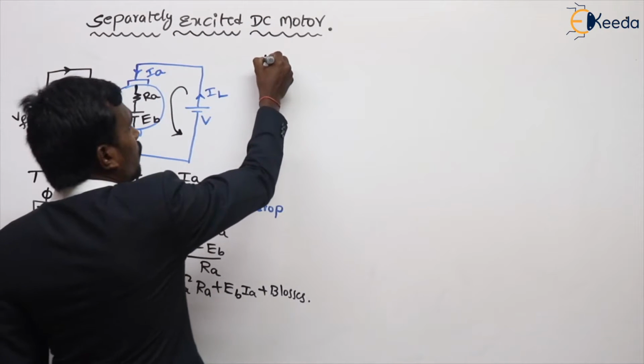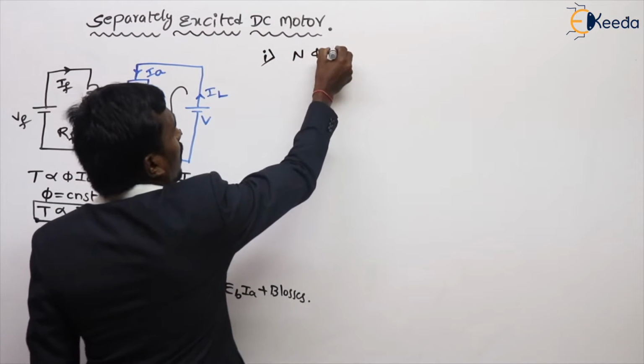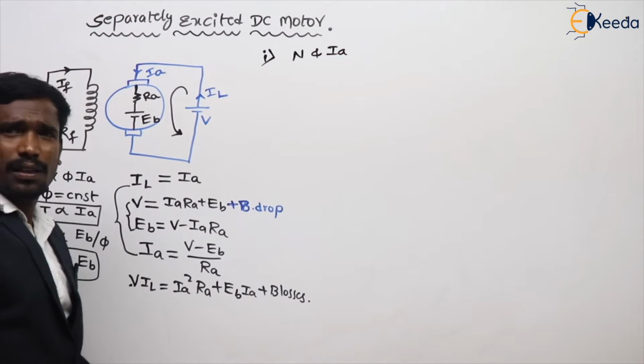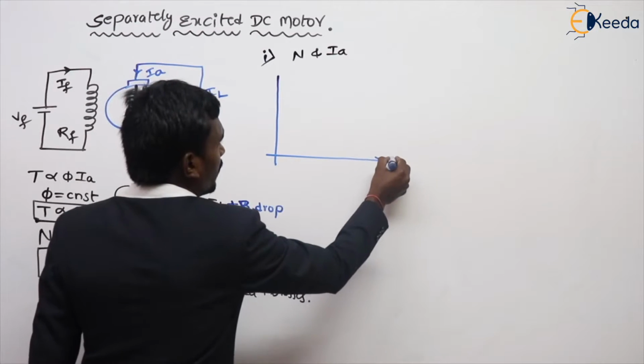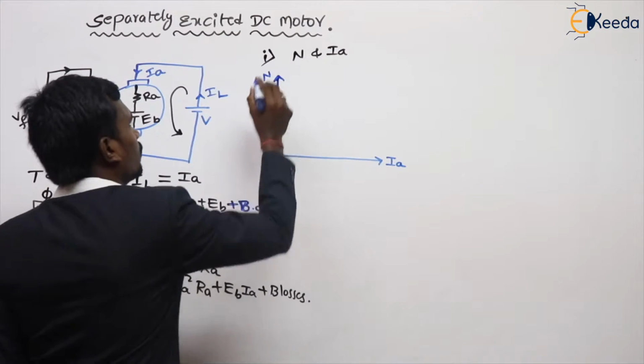So the first graph is between speed and armature current. Let's take it. For example, take armature current on the x-axis and speed on the y-axis.